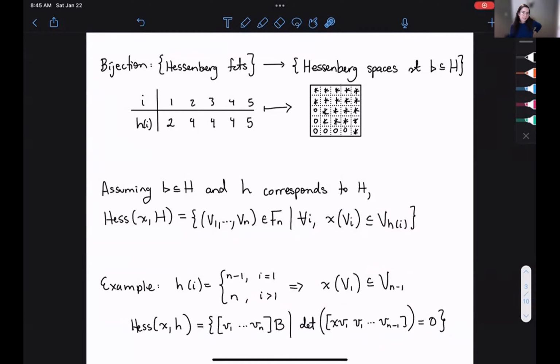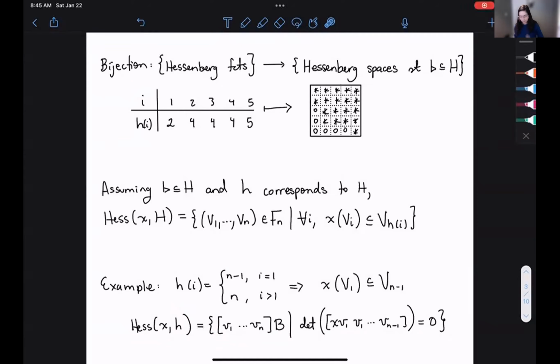And in this case, you can have the following description. Here I'm just being sloppy in the sense that I don't want to write the Hessenberg space associated to little h, so I'm just going to write Hess of little h. This Hessenberg variety is going to be the set of flags V_1 contained in V_2, and so on and so forth, such that the determinant of this matrix is 0.